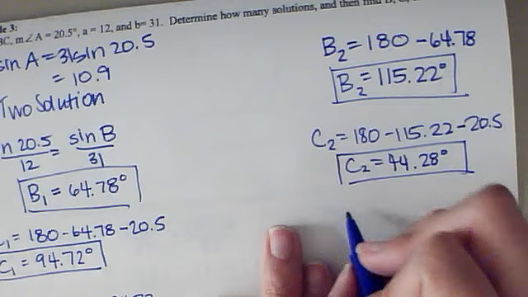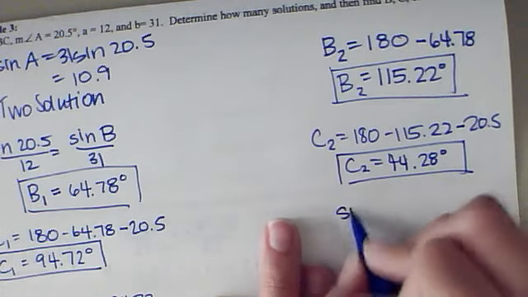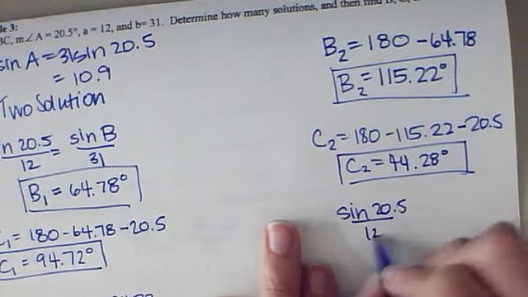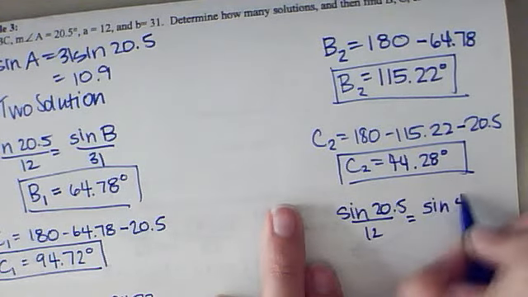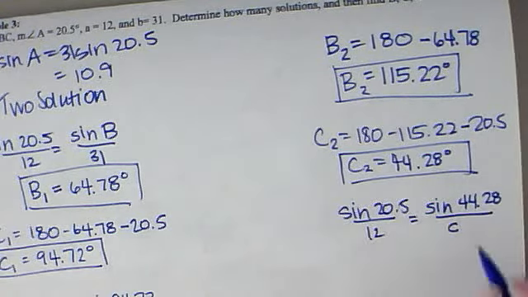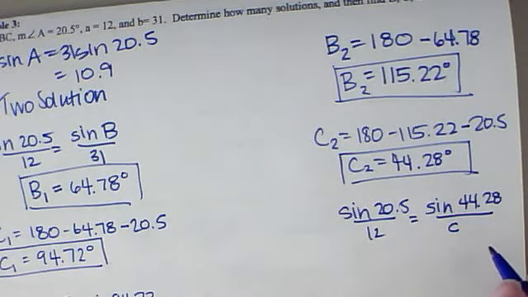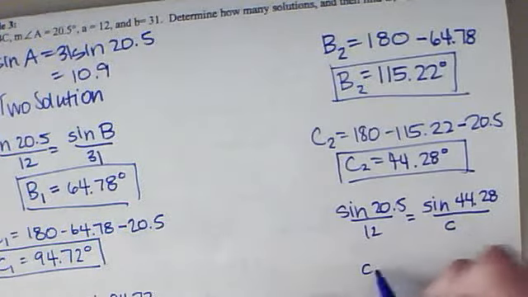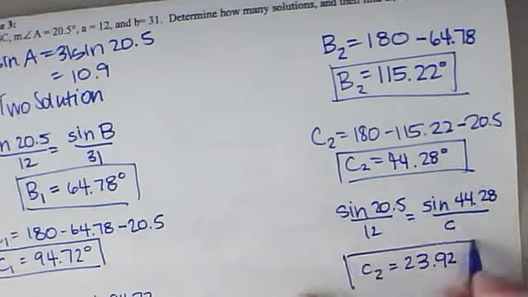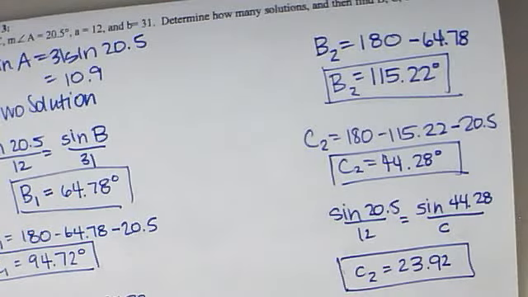And then to find my last side, I'm going to do the sine of 20.5 using my angle A over 12 equals the sine of 44.28 over my little c. When I cross multiply and divide on that one, my little c2 equals 23.92. And now I've got 6 answers total.